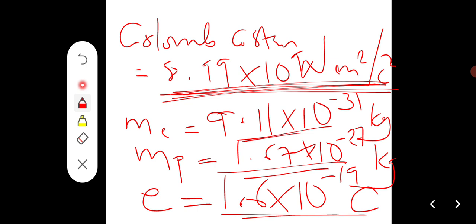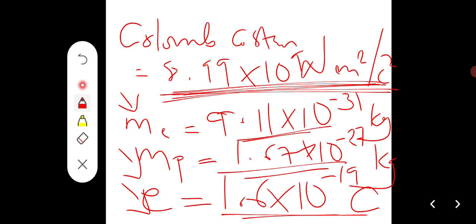So these values you have to know them, but most of the time they don't give these, because they know that they are simple, and you also get marks when a question asks you to calculate the electric force.